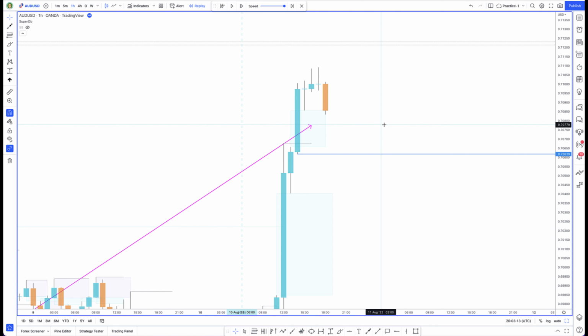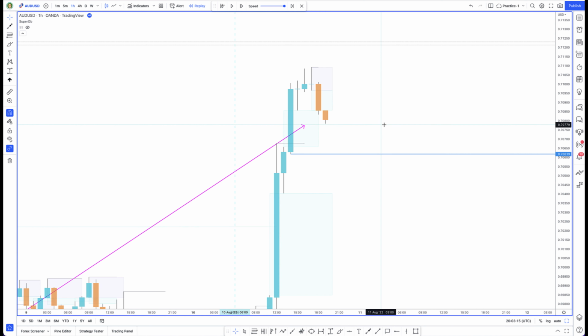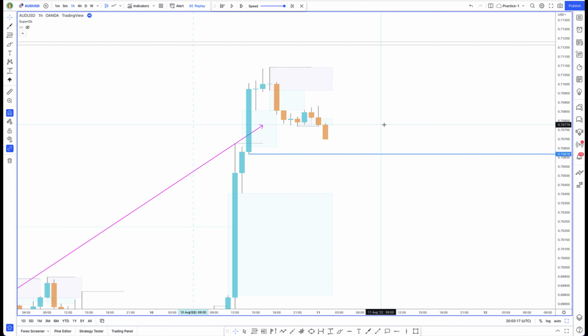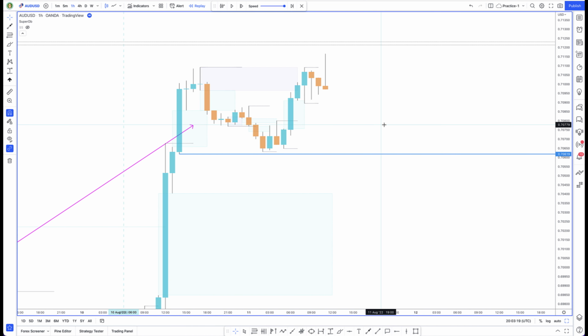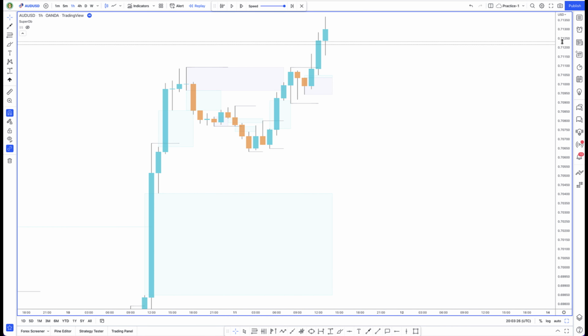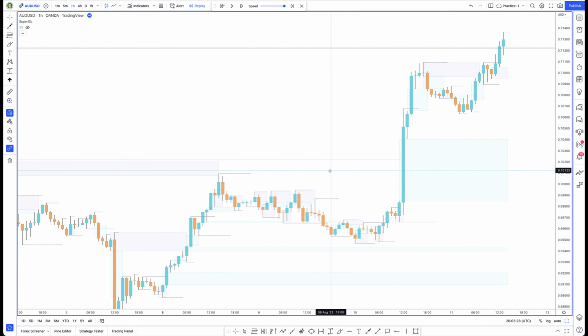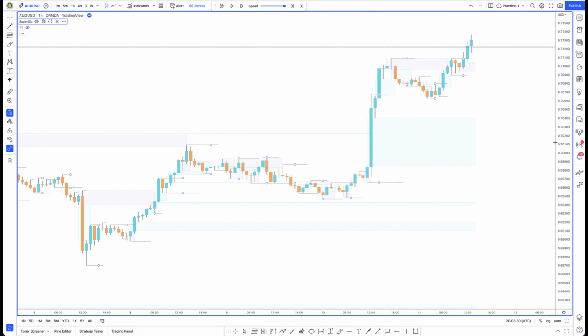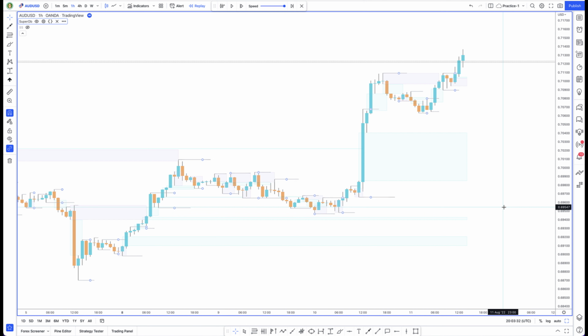Price will continue playing and do whatever it needs to do, but it keeps repeatedly forming these 2 candle and 3 candle fair value gaps. 2 candle fair value gaps are either order blocks or just continuation of the same side of buying or selling, and they have a potential to be converted into a 3 candle fair value gap.